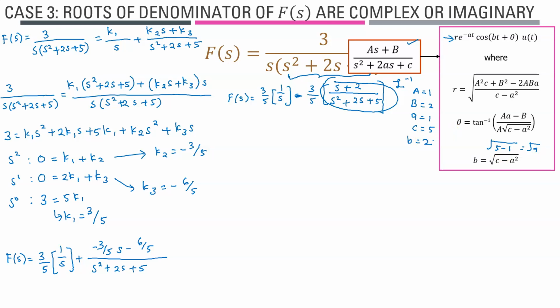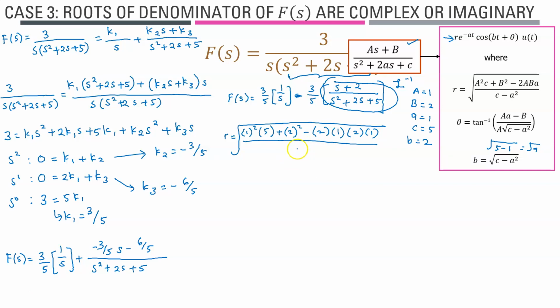So now you can calculate r. You substitute all the values. You will have 1 squared multiplied by 5, plus 2 squared, minus 2 times 1 times 2 times 1, over c minus a squared.